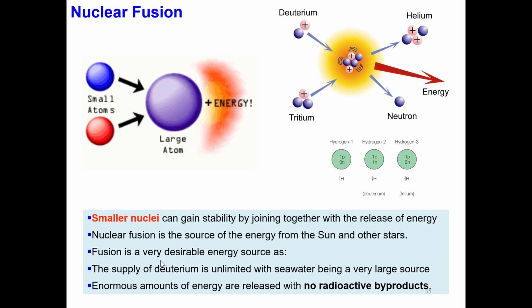Fusion is a very desirable source of energy because the supply of deuterium is unlimited, with seawater being a very large source of this isotope. Another advantage is that an enormous amount of energy is released with no radioactive products. But the problem is that the conditions in which nuclear fusion occurs are really complicated.